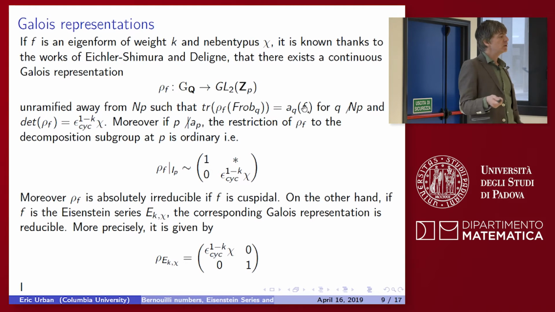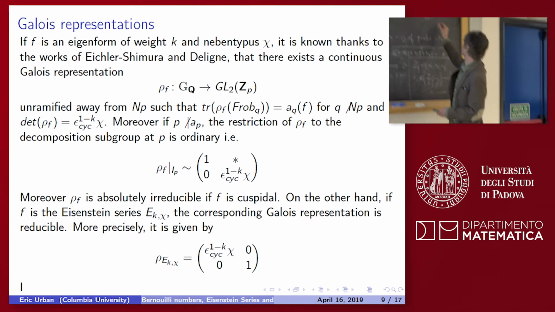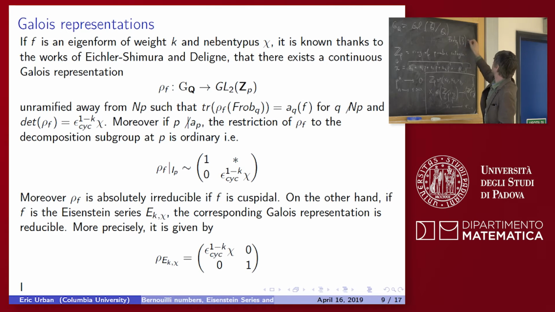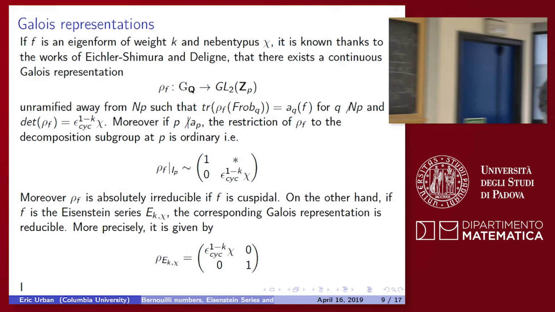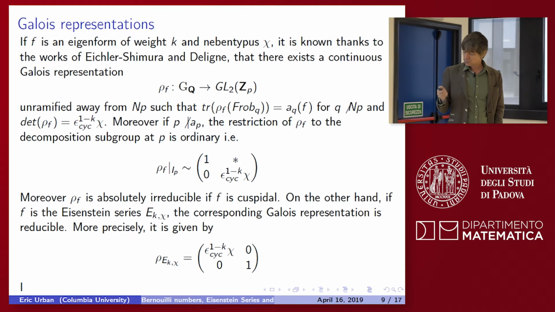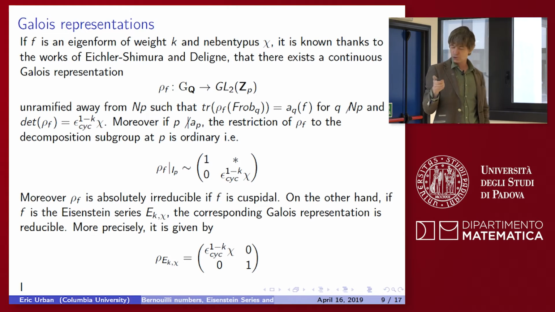So Frobenius_q is an element of the Galois group such that Frobenius_q of theta is theta to the q, for some p-power root of unity. I mean, you have many elements that satisfy this, but the fact that it is unramified means exactly that it's independent of the choice of this element.